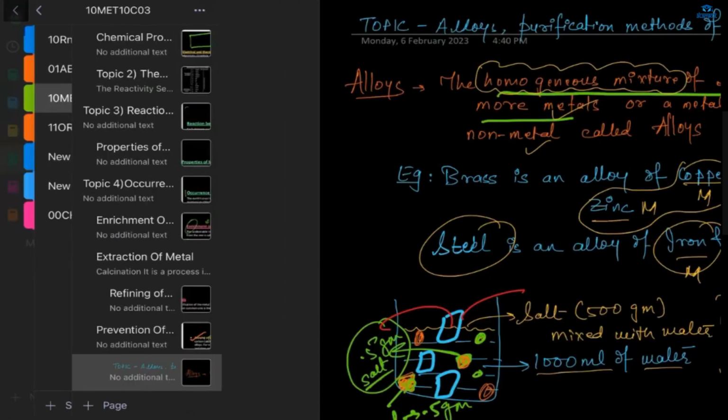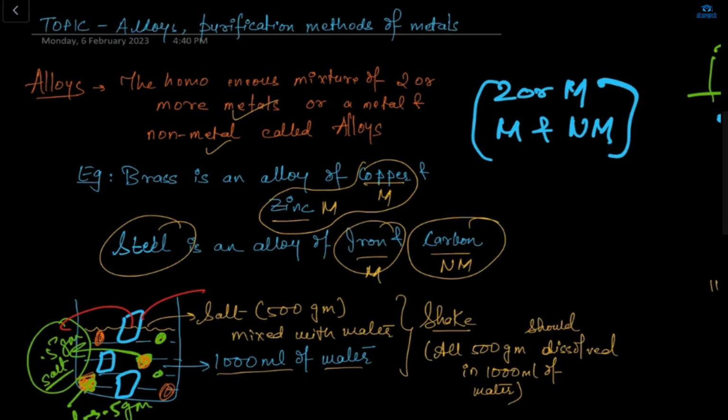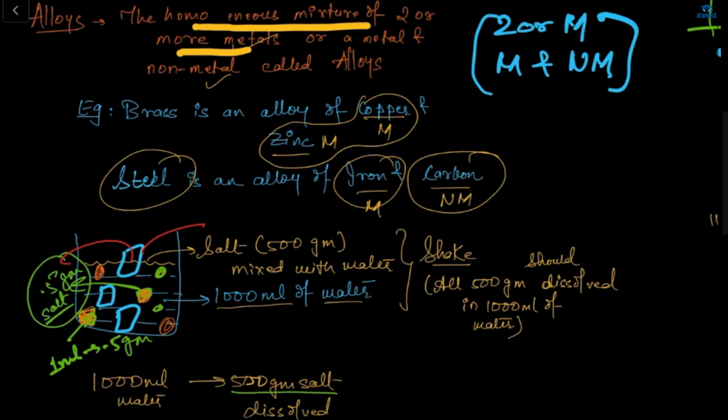Next. हाँ, so alloy again here. ठीक है, तो यहाँ पे क्या है? Alloy, short notes. A homogeneous mixture of two or more metals, or a metal and non-metal, is called an alloy. So brass is an alloy of copper and zinc. Copper क्या है? Metal है. Zinc is also a metal.